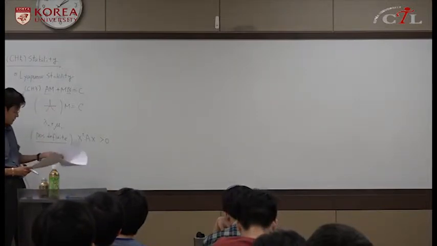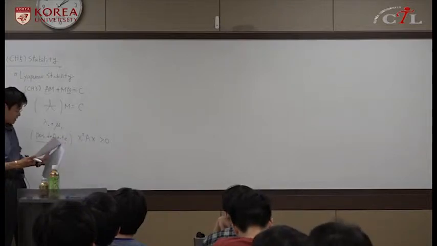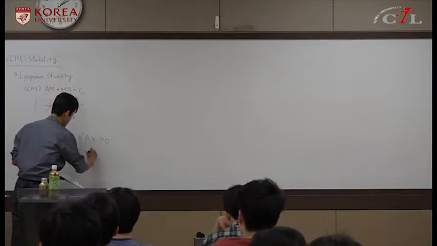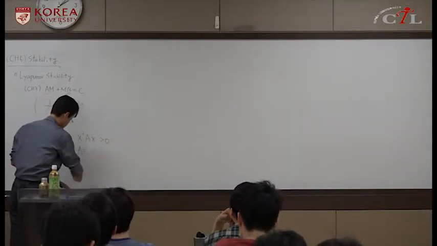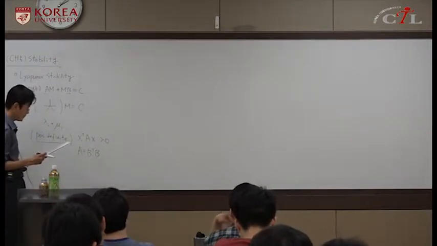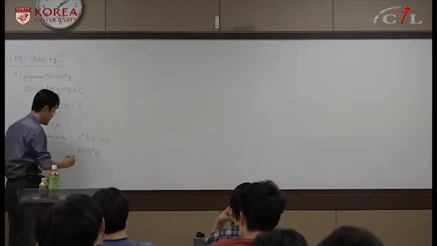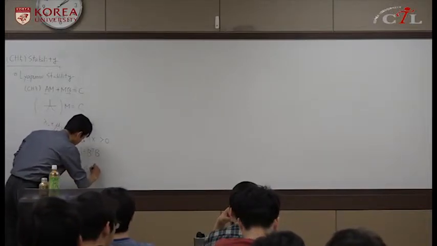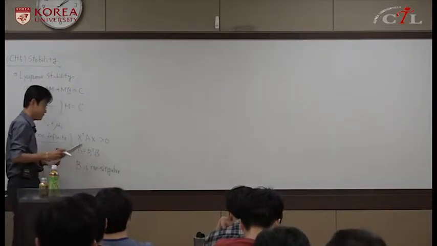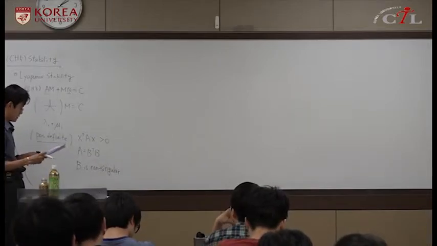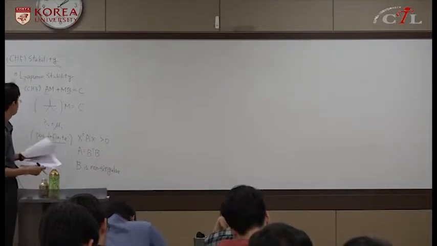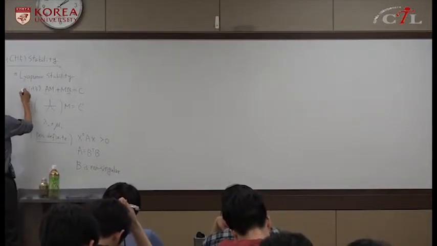And we have seen that if A is positive definite, A can be decomposed into other matrices, let's say B, for example. It can be decomposed to B transpose B such that B is non-singular. So those are the contents of chapter 3.